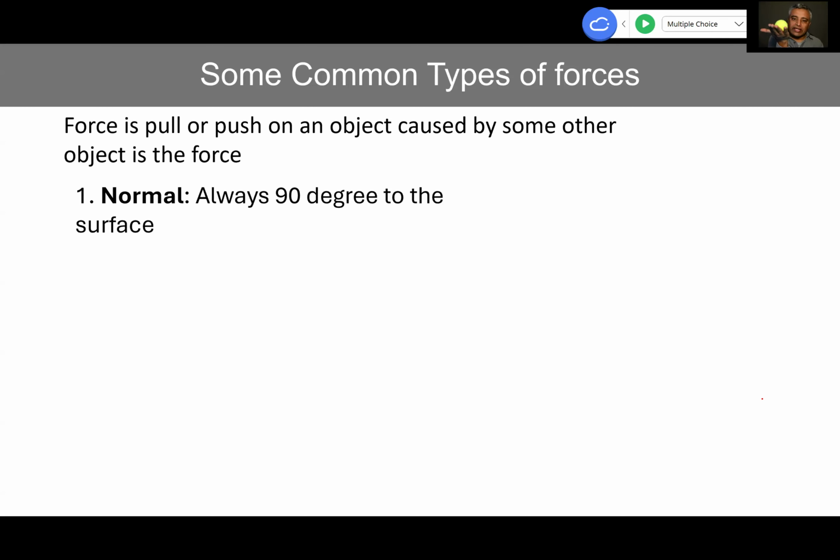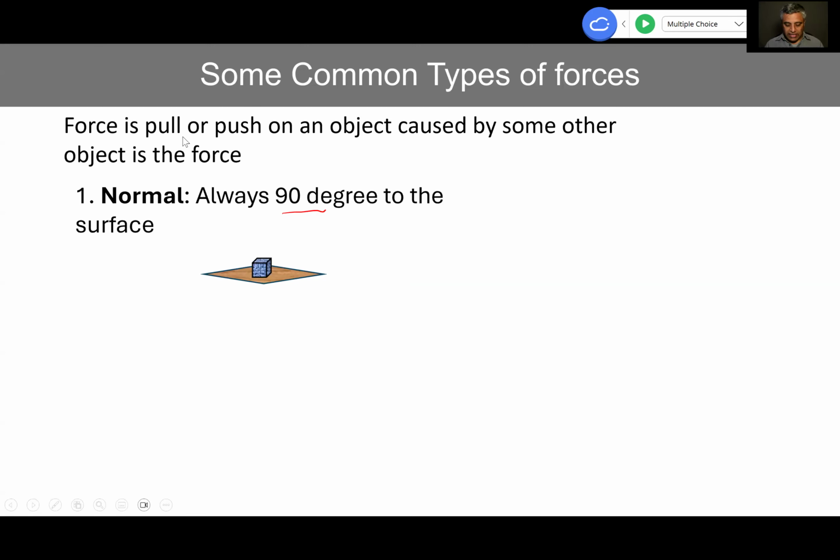Something is supporting the ball. That support is the normal force. And that normal force is always 90 degrees to the surface. So when the surface is horizontal, 90 degrees to the surface is vertical, of course.